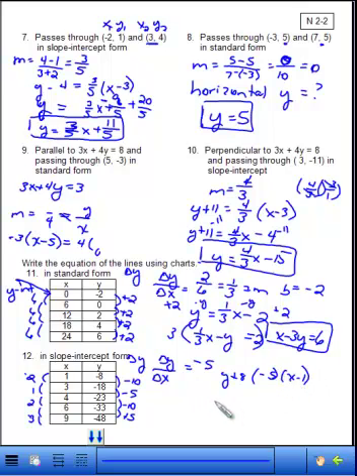Okay, so y plus 8 is equal to negative 5x plus 5. And it's subtracting 8 across. Y is equal to negative 5x minus 3. And that's our final answer for that one. Okay, so we are done with lesson 2.2.